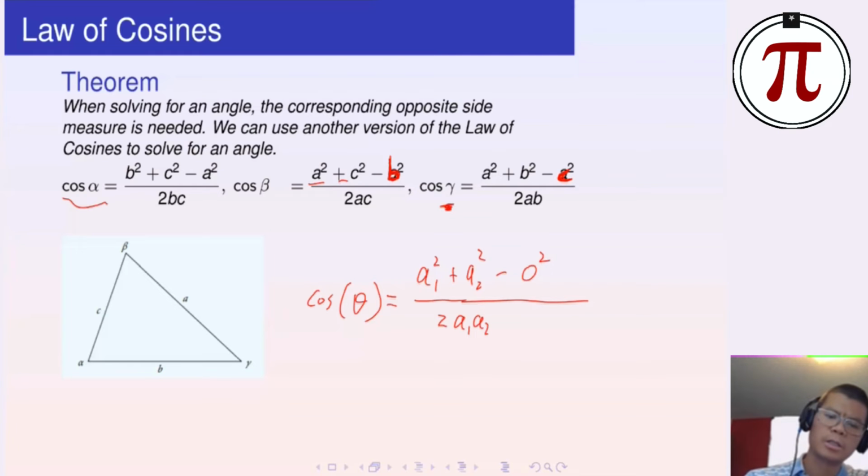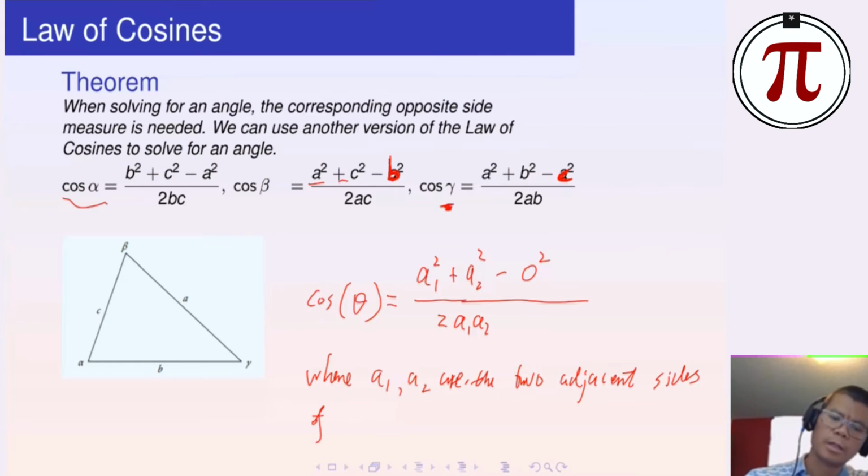Where A1 and A2 are the two adjacent sides of theta, and O is the opposite side.